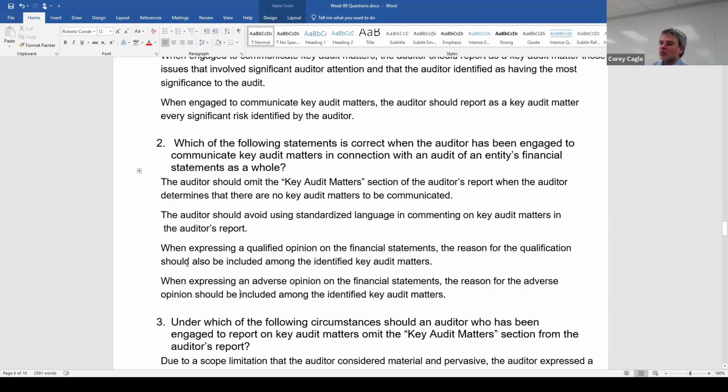B says we should avoid using standardized language in commenting on key audit matters in the auditor's report. That's the correct answer. When you see the words using standardized language, it's usually a bad thing. Standardized, in this case, I think they're making two points.